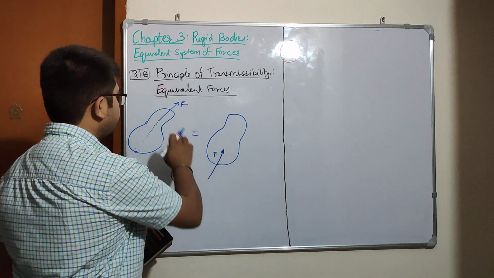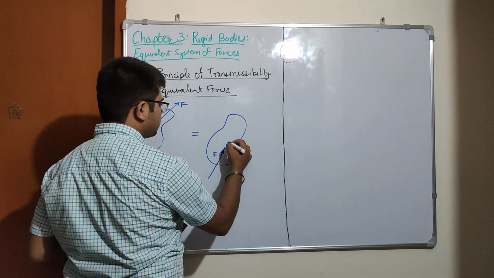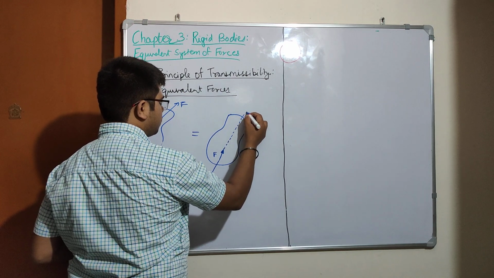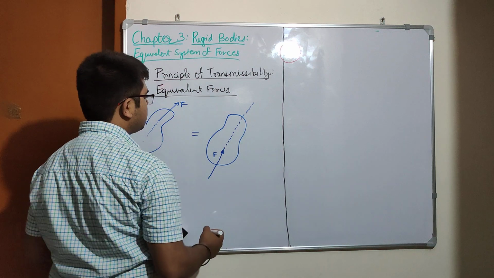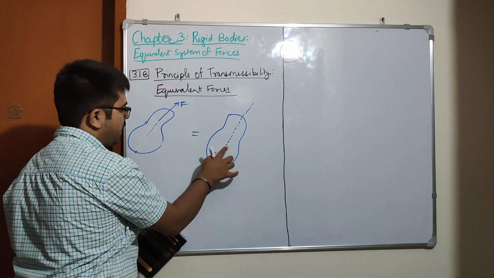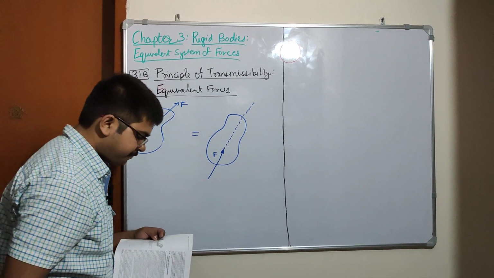So this force and this force have the same line of action, that is this. So I can simply translate this force F back here. This is called principle of transmissibility.